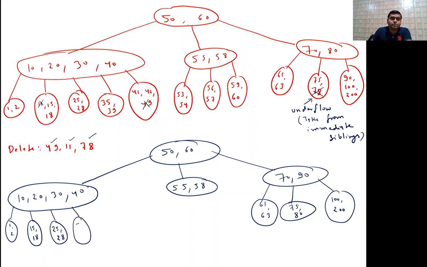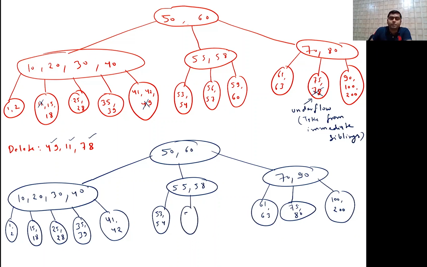After 40, one element has gone, 49, so it is 41 and 42. Left of 55 is 53 and 54, and in between it is 56 and 57.